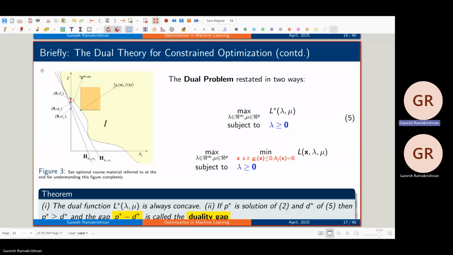Question is, if you consider all the hyperplanes that lie below, some gap will come up. You see the red gap? When will this gap become zero? You got the analogy? The primal is trying to push down the y-intercept. The dual is trying to increase the y-intercept. The constraint is that the hyperplanes for the dual should always lie below the frontier of the primal.